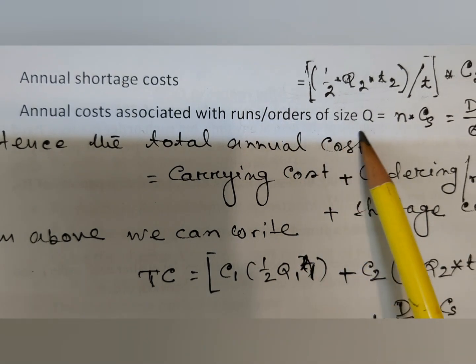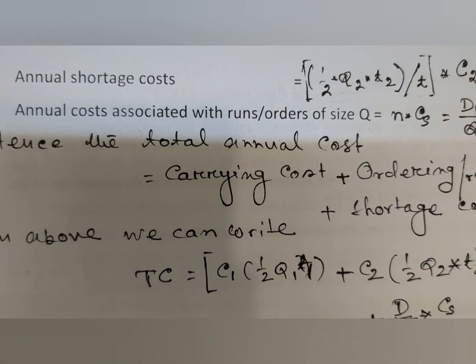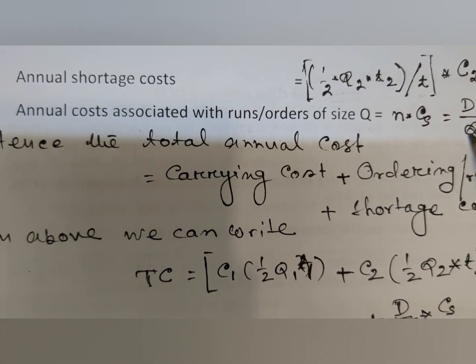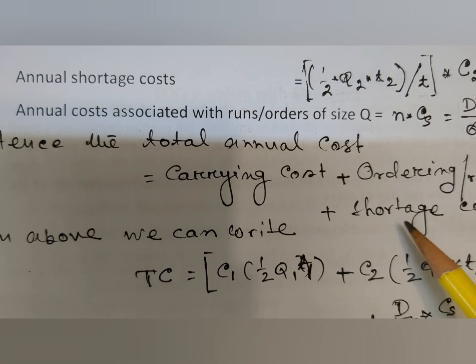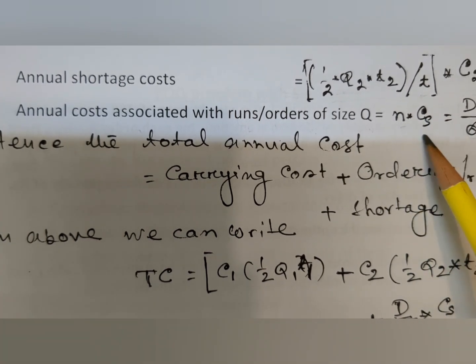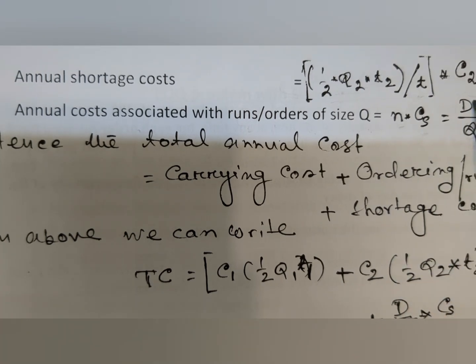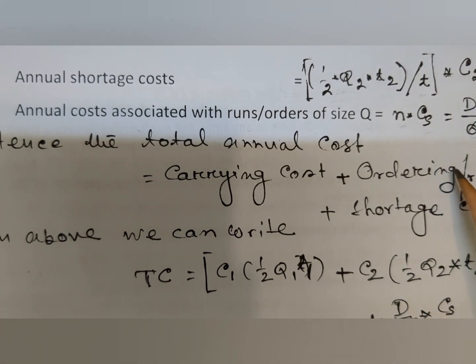So what will be the ordering cost? Suppose the demand is D, and you are ordering Q units at a time. Ordering Q units at a time, how many numbers of orders? D by Q. This is N, the number of orders, and for each order the cost is CS. So D is the demand for the entire period, meaning 1 year in this case.